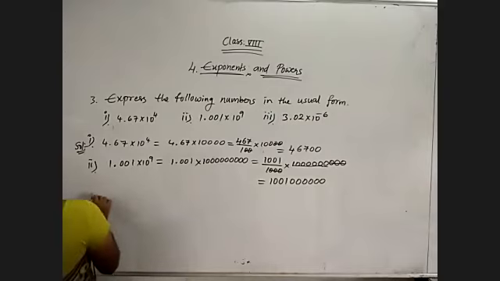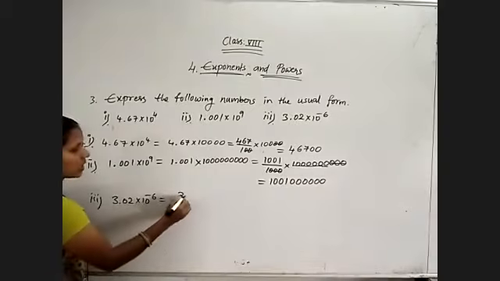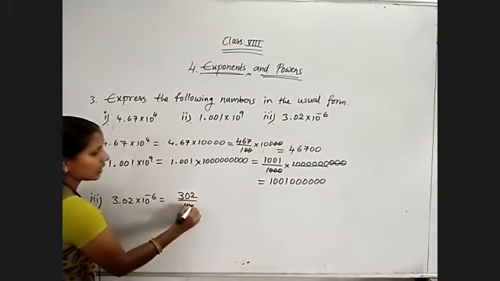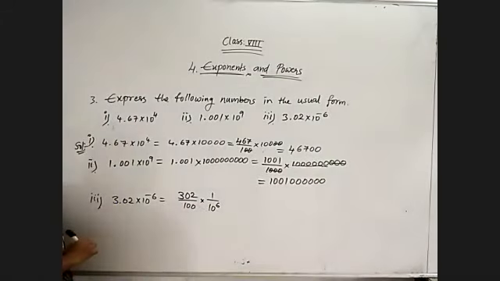Next, third problem. 3.02 into 10 power minus 6 means it is a decimal value. So for this, 302 by 100 into 1 by 10 power 6 I am writing. Is there any problem?